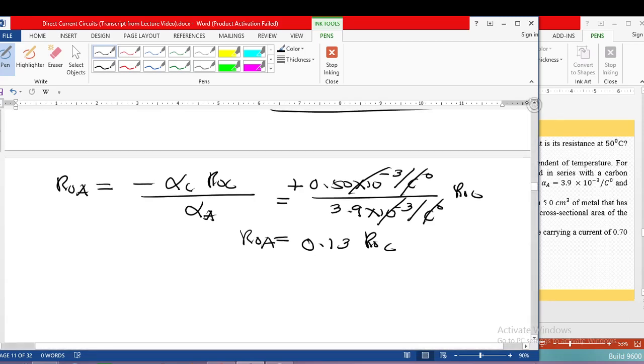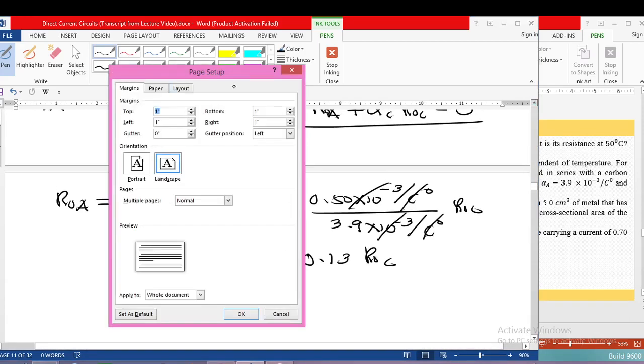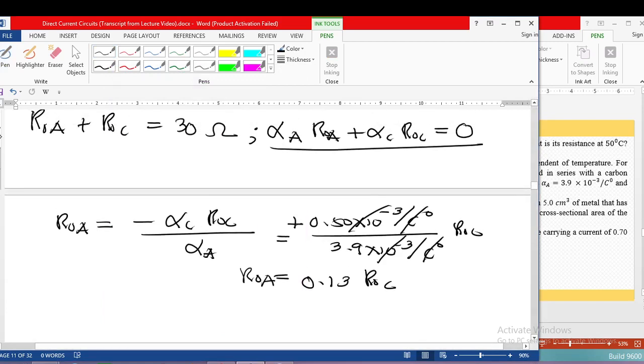So we have to use this equation, the first equation that we had, to find R sub naught A or R sub naught C. But since your R sub naught A is equal to 0.13 R sub naught C, we just have to substitute here the value of R sub naught A. So we have here 0.13 R sub naught C plus R sub naught C is equal to 30 ohms.